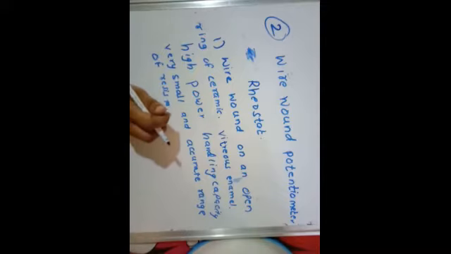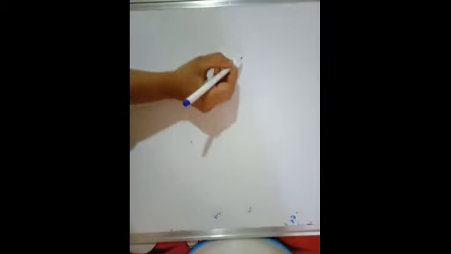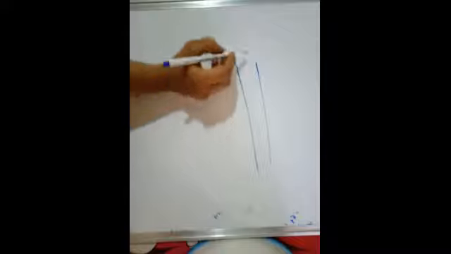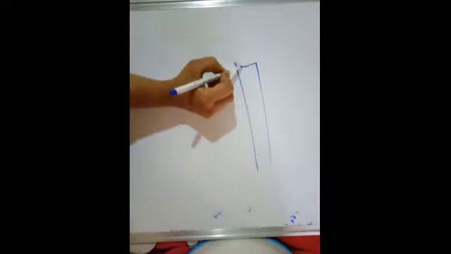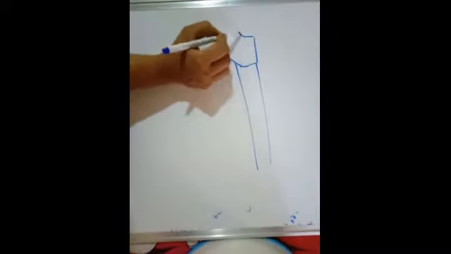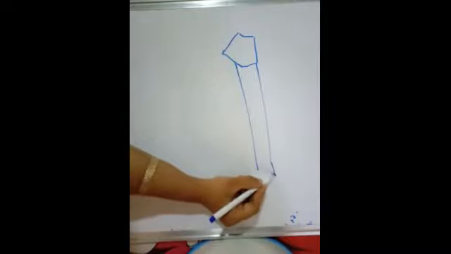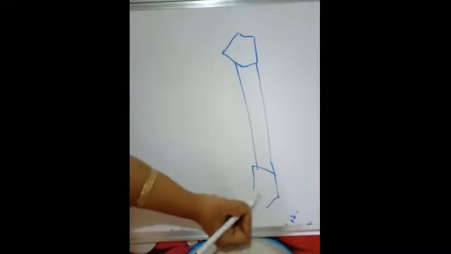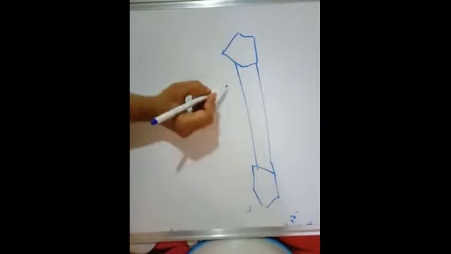So we are going to see the construction of the wire wound resistor. It is nothing but your rheostat that you have seen in your lab also. It has this kind of structure.